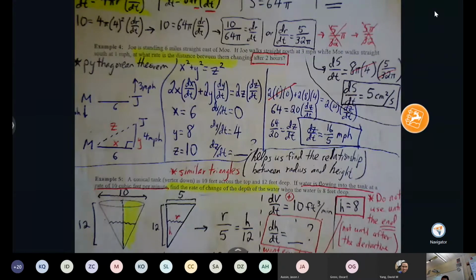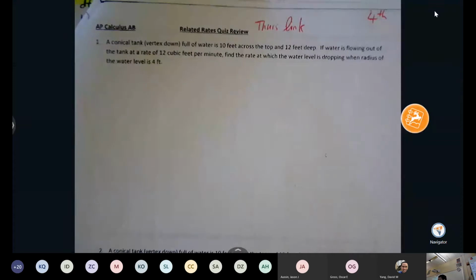So this is under Thursday's link here. So very similar scenario from what we just did with example 5. So let's see if we can set it up. There's some things that are a little different, which we're going to get to, but your setup should feel pretty identical to begin with.